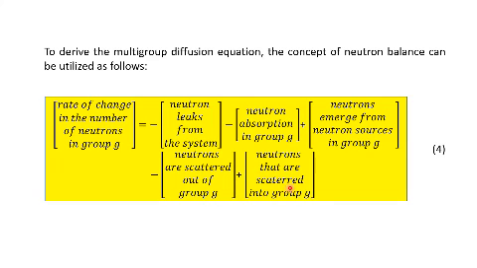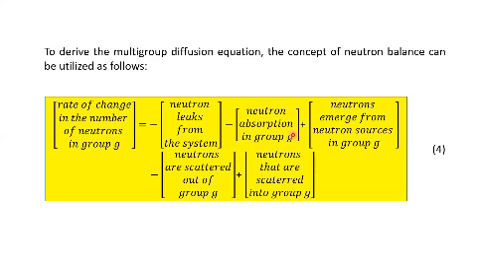You can see also there are three factors that reduce the number of neutrons in a group. The first is neutron leakage, neutrons coming out of the reactor core. The second is absorption.